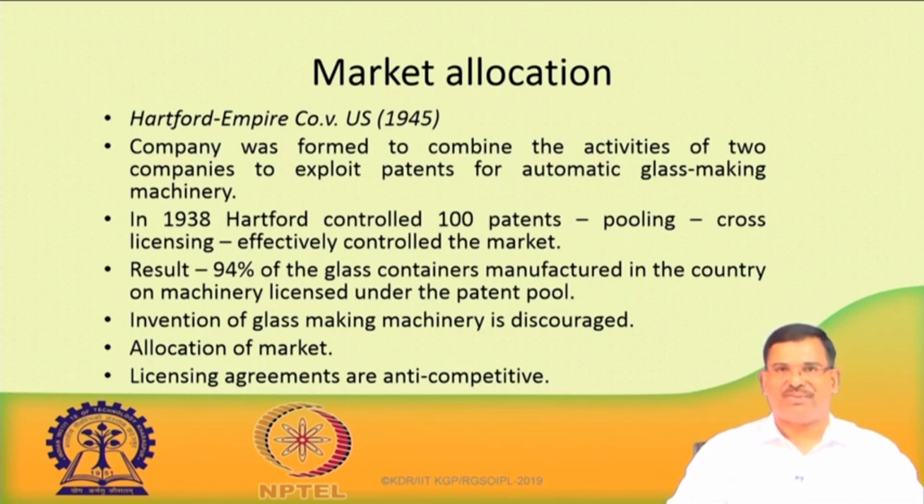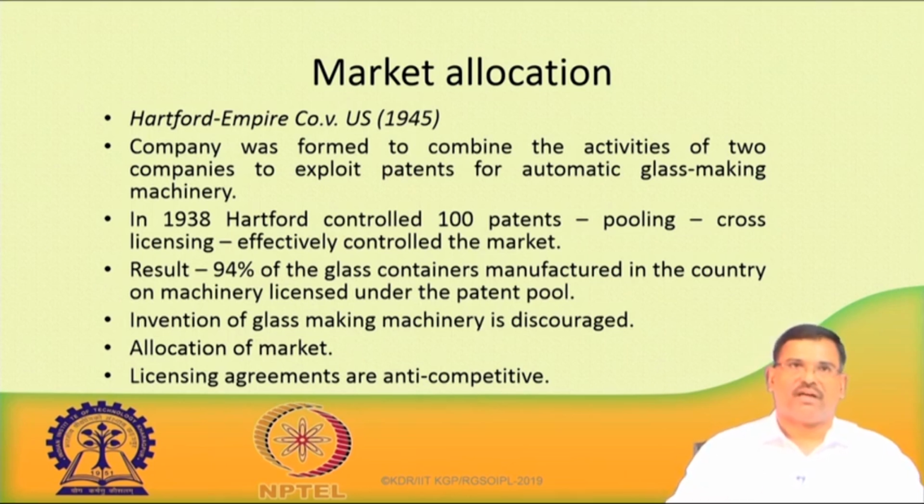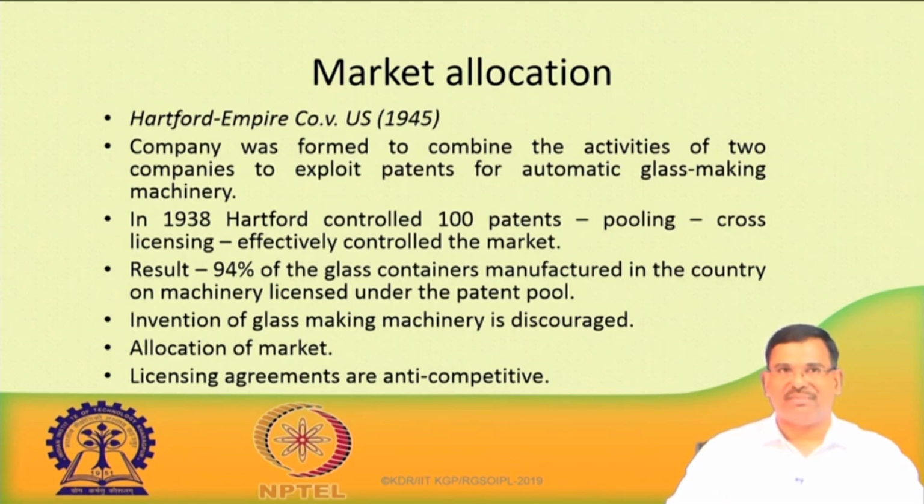So, if anybody wanted to engage in this particular business, they had to take a license from this particular company, Hartford Empire Company. Here they controlled 100 patents in 1938. Remember, in 1938 they pooled 100 patents together and cross licensed these technologies, and thus they effectively controlled the particular market.